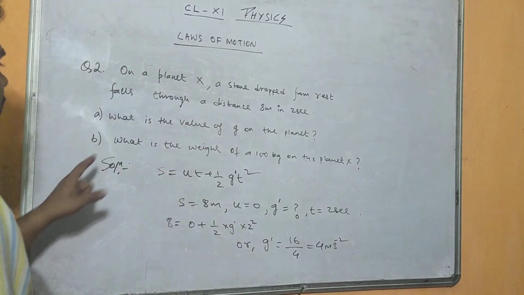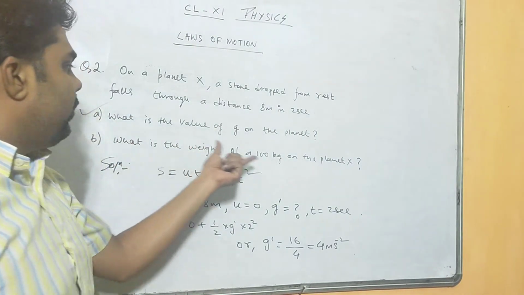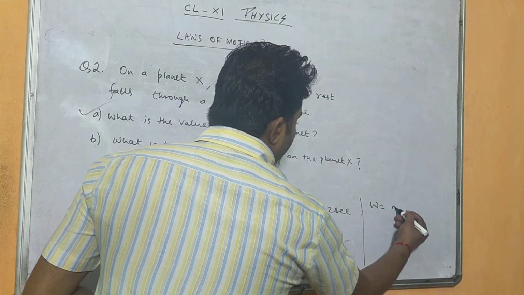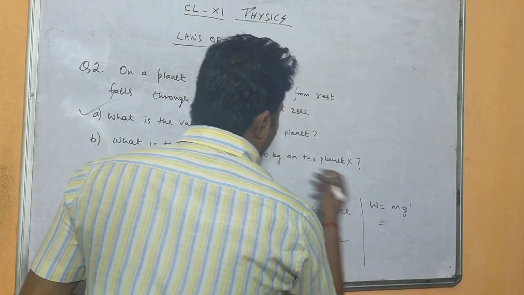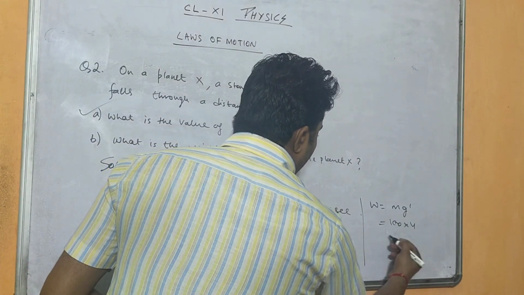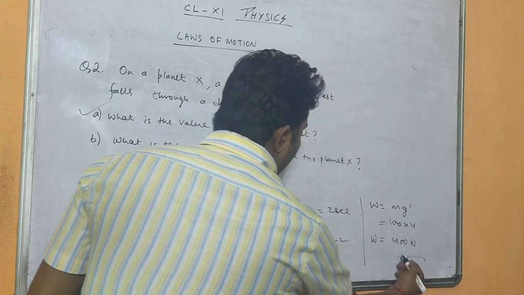So g we got, the first answer, g value is 4 meter per second square. Now what is the weight of 100 kg on the particular planet? We know weight equals mass into acceleration due to gravity. So mass is here 100 kg, 100 into 4, that is 400 Newton. So this is our required answer.